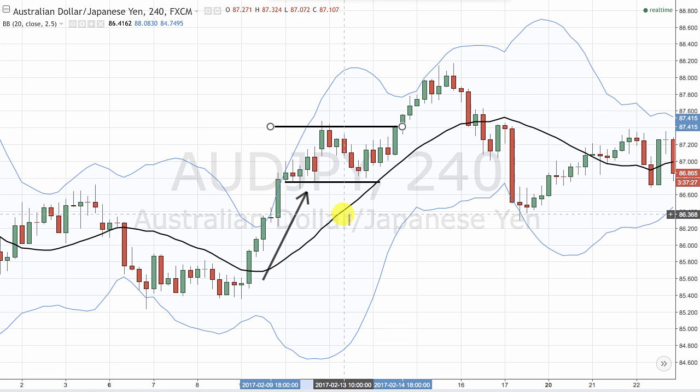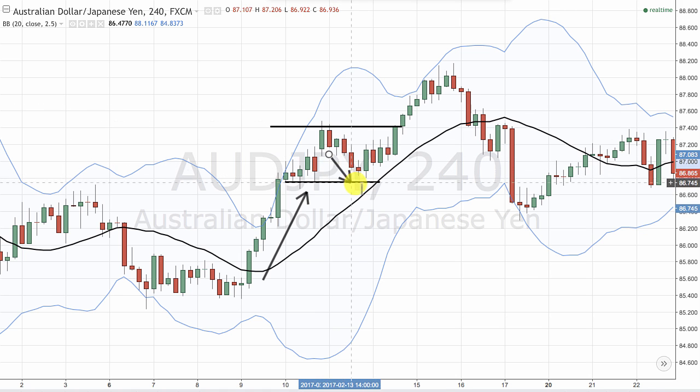You can see that all the time we stayed above this black line, which is the 20 period moving average from the Bollinger Bands. As long as price stays above this moving average, we are in an uptrend, especially when we see such nice momentum during this trending phase. Although you can see that price did change a little bit, let me mark that for you. It was the first time that we had more than one consecutive bearish bar.